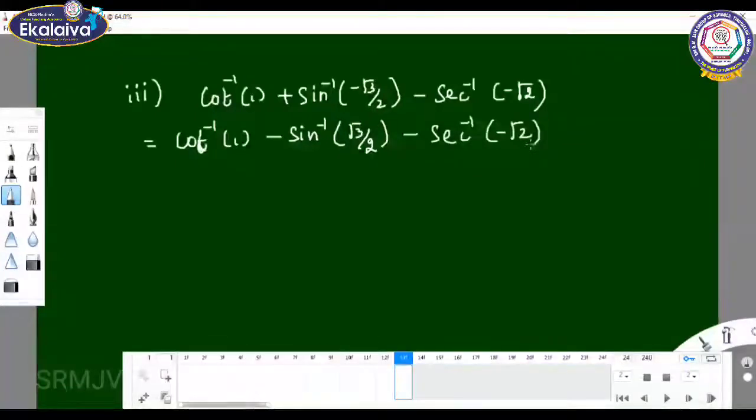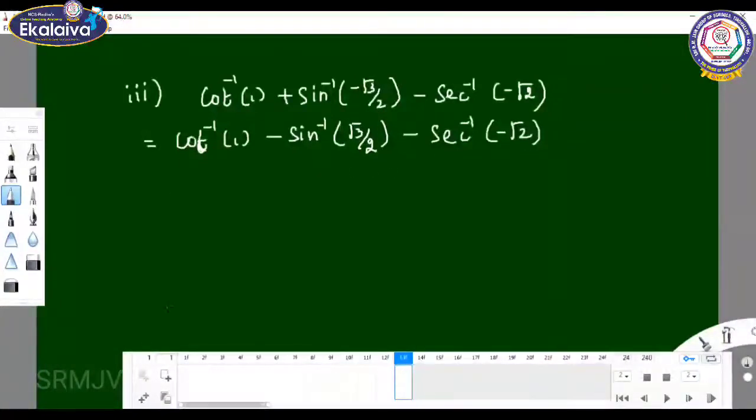Whenever secant and cos come, you can choose theta lies in the second quadrant, because secant of minus theta and secant of theta have the same value. So you can choose the theta value lies in the second quadrant.